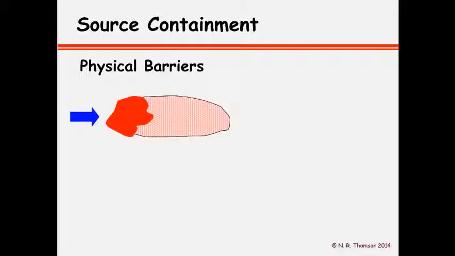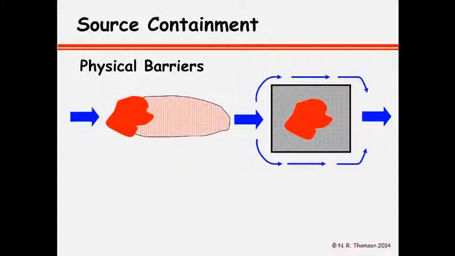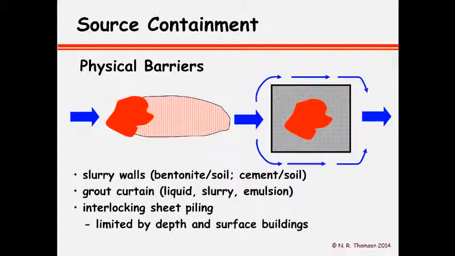When we then look at other ways to deal with source containment, one would be physical barriers, such as a wall or a box around the source area. So the standard approach here is either a slurry wall with bentonite and soil, or perhaps cement and soil, a grout curtain, either liquid slurry or emulsion material, or perhaps an interlocking sheet piling wall.